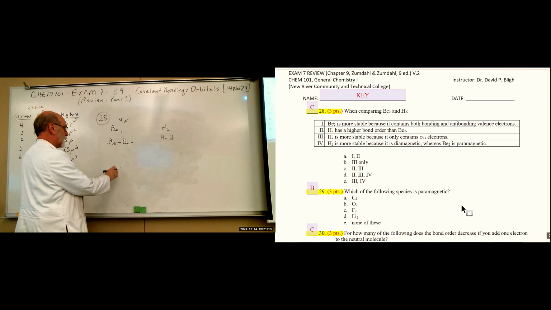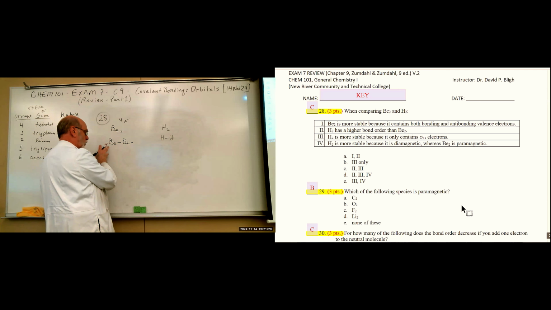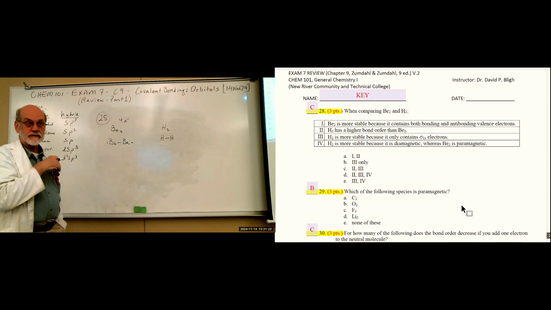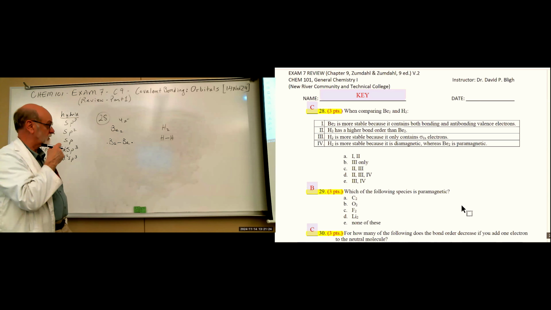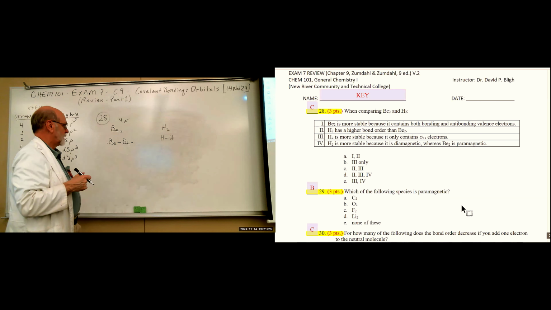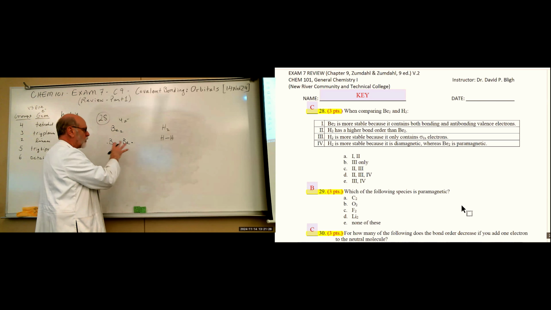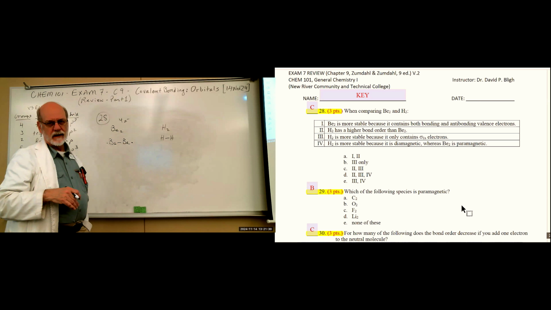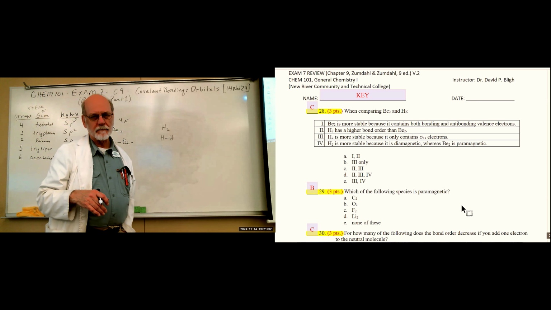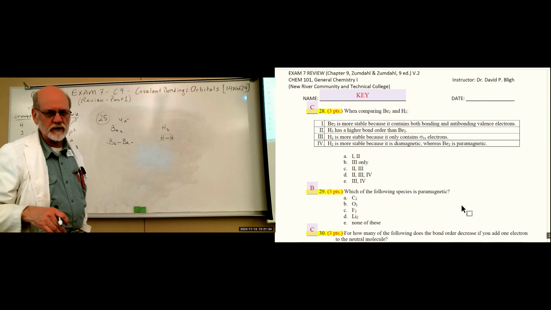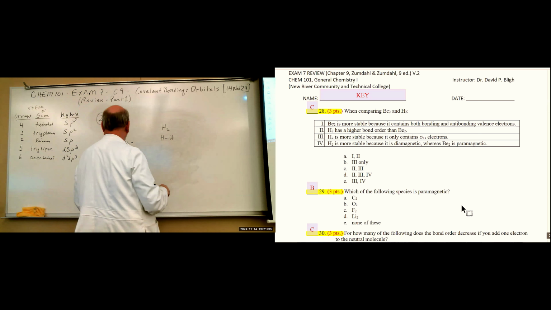Right? That gives us 4 electrons. But there's no way we can get an octet out of that. It's deficient. All right. Okay. So they're both linear. Let's look at each one of these, Roman numerals 1, 2, 3, and 4.